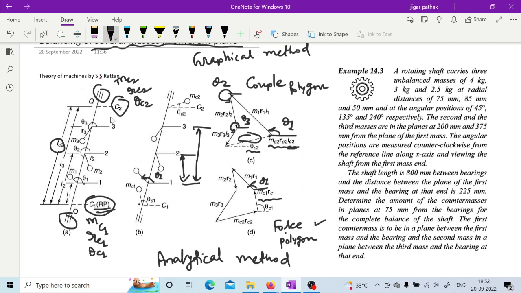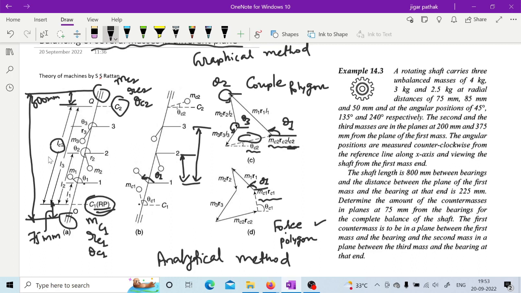So can you try this problem? Right here, the distance between the bearings is provided to you, so I am giving you a little bit of a hint. The distance between the bearings is 800 mm, and the distance from the bearing to the plane in which the balancing mass sits is 75 mm on both sides.